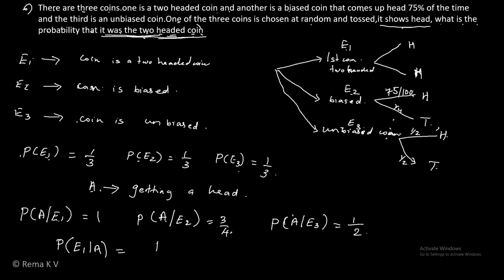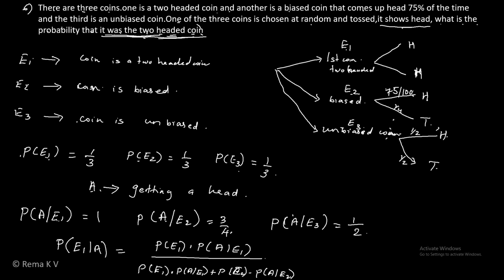This is equal to probability of E1 into probability of A given E1, by applying Bayes theorem here. The denominator is the total probability: probability of E1 into probability of A given E1, plus probability of E2 into probability of A given E2, plus probability of E3 into probability of A given E3.